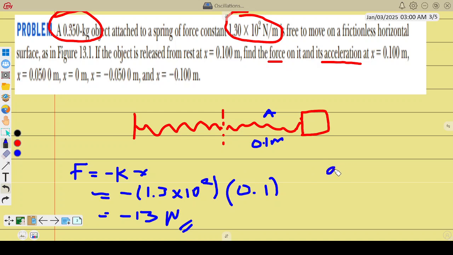And then what about the acceleration? Acceleration is equal to negative k over m times x. We derived this when we equated from Newton's second law of motion.